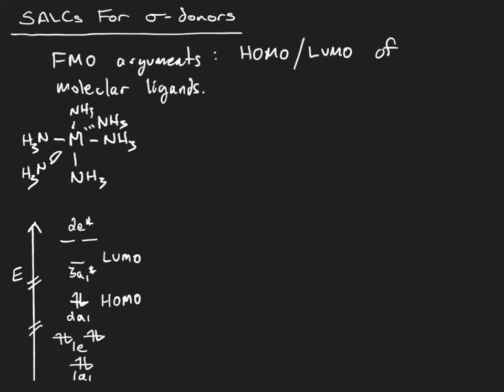Therefore, we only need to consider the HOMO, which is nominally a nitrogen pz type orbital that forms bonding combinations with the hydrogen 1s SALCs.